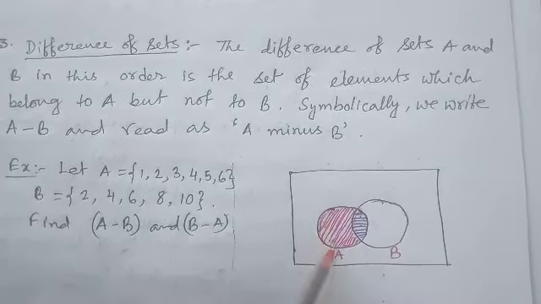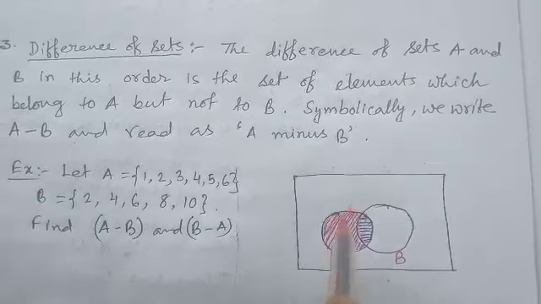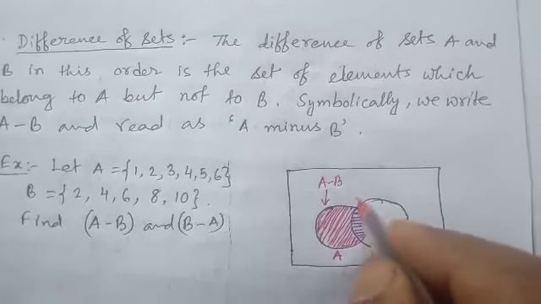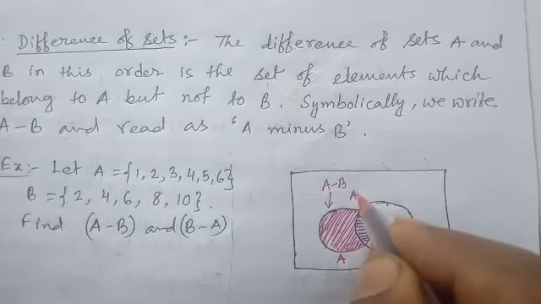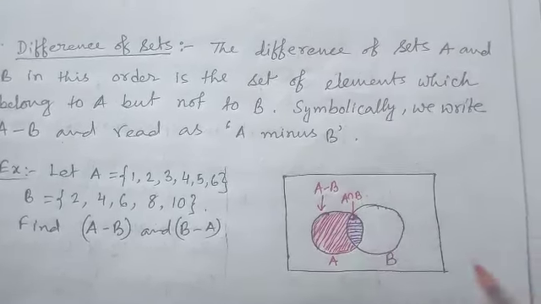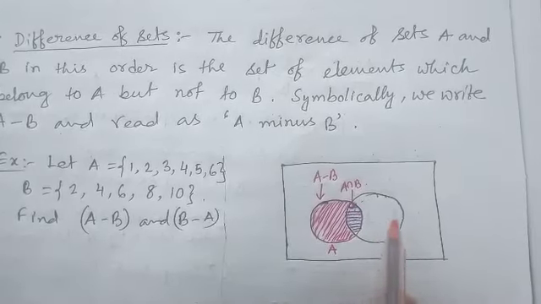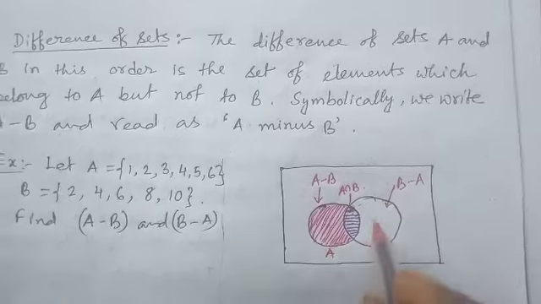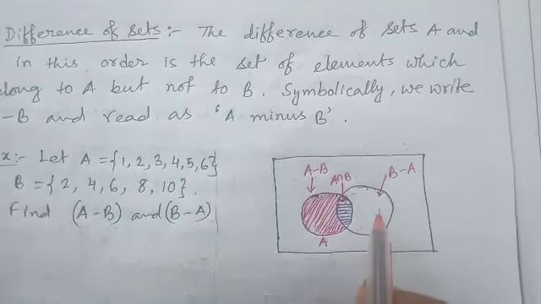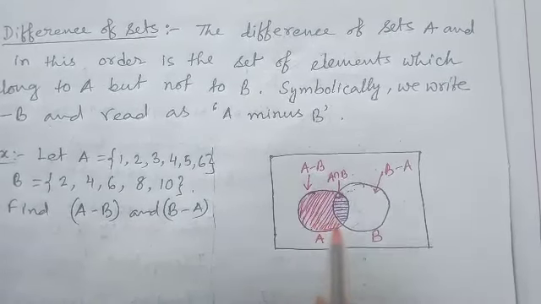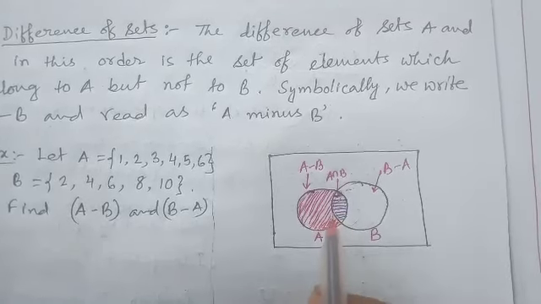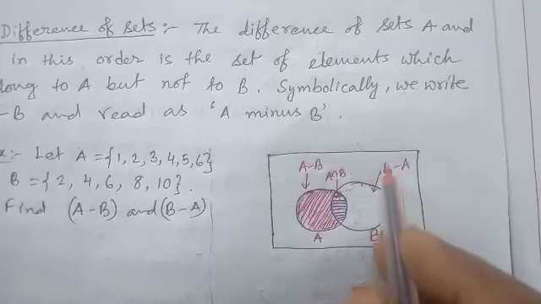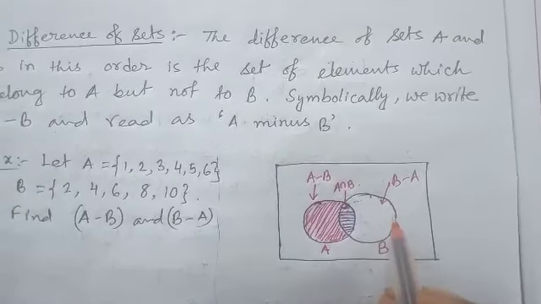So only this red portion is your A minus B portion. And this is your A intersection B portion, and this white portion is your B minus A portion, because from B you subtract the common elements of A and B. That means the elements of A are subtracted from B. That is why this white portion is your B minus A.